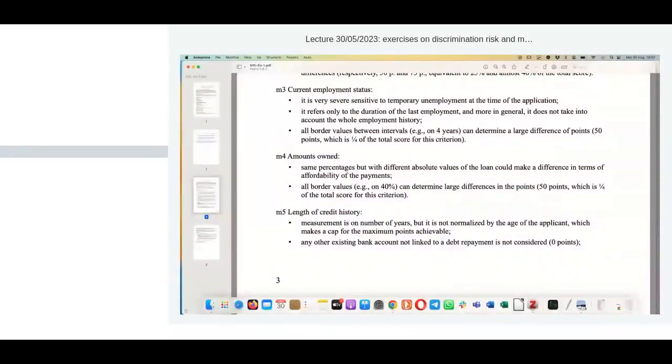Again, it was also valid to say that there are some specific border values between intervals that determine a large difference in the points obtained. Actually, the differences here are proportional, but again, with 4 years you get 100 points, and with 3 years and 11 months, under 50.